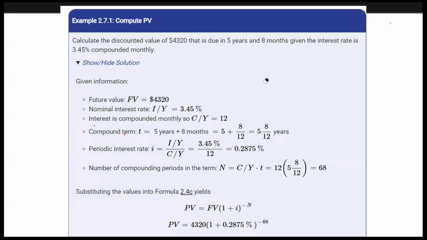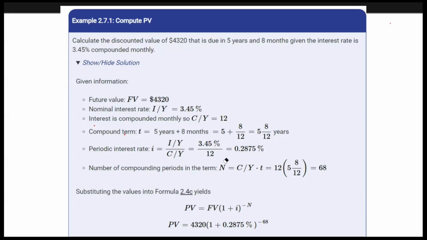So putting it in the formula, you know the interest rate per annum, or per year, is given, and the interest is compounded monthly, so 12 is the compounding frequency. The time is 5 years, 8 months. So 8 months is 8 over 12 years.